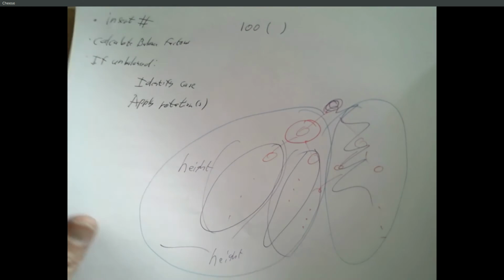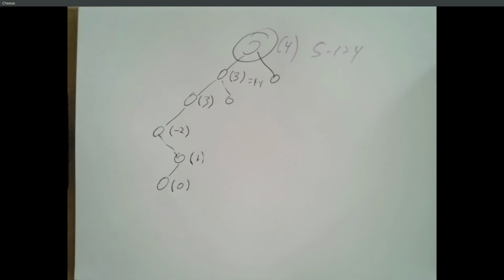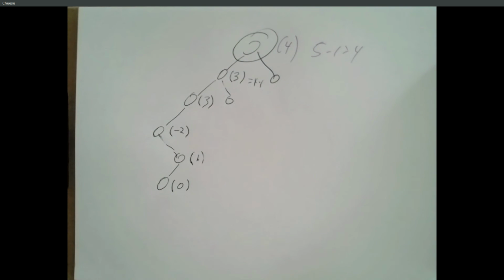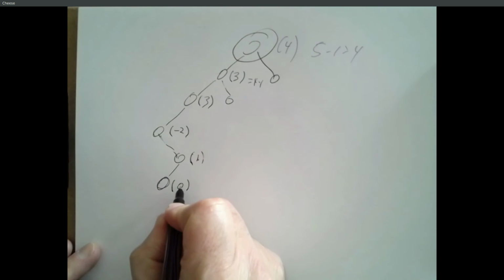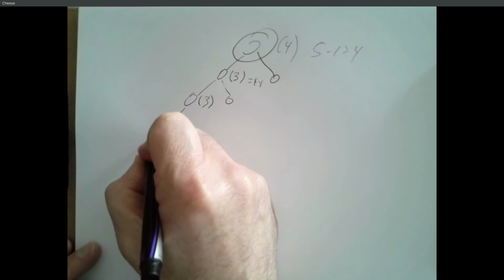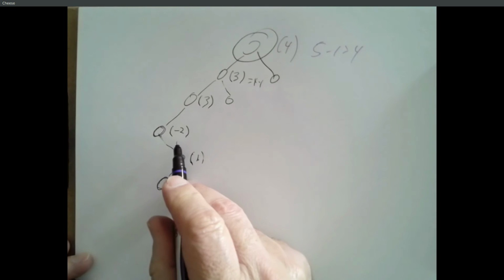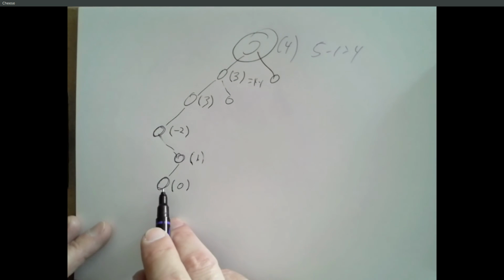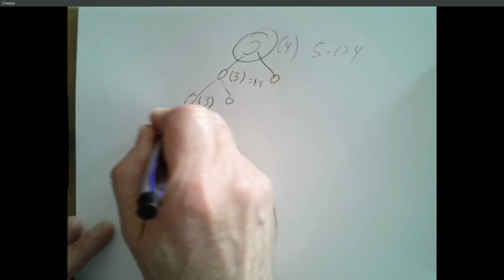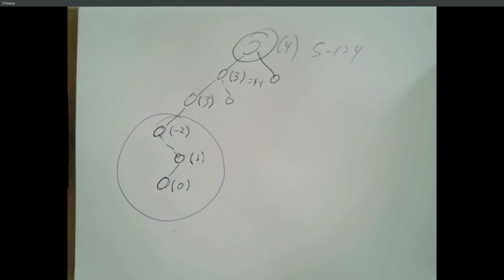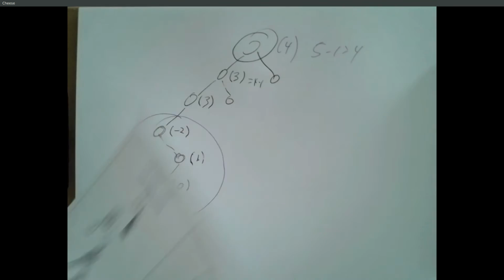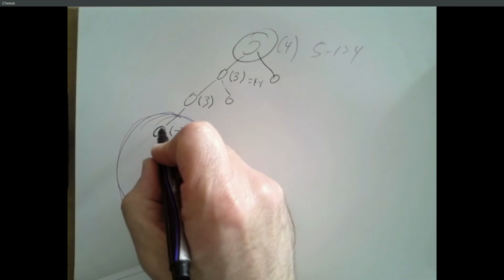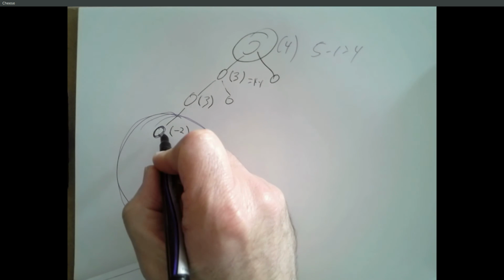One more thing. Suppose we inserted a node, and this was what the balance factors looked like. We just inserted this node, balance factor 0, balance factor 1, balance factor -2. As soon as you hit a plus or minus 2, you don't need to go any further up. You can start from the node you insert. All of these rotations are going to happen right here. We're not going to modify anything above this node.